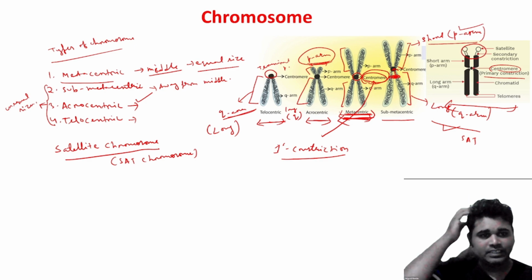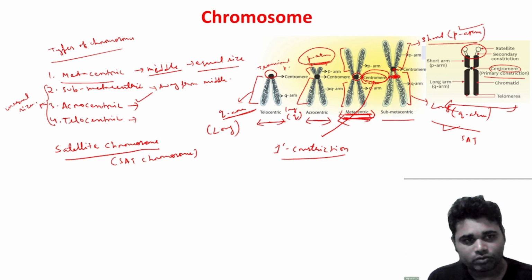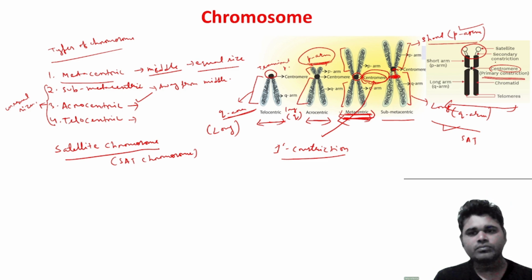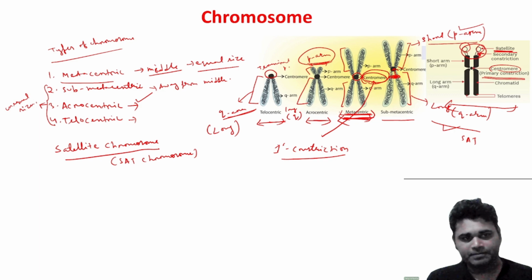So the main difference is this structure. One constriction, the primary constriction, is present obviously in every chromosome. But some chromosomes contain another constriction here. Because of this constriction, a knob-like structure is present, and this structure is called the satellite.